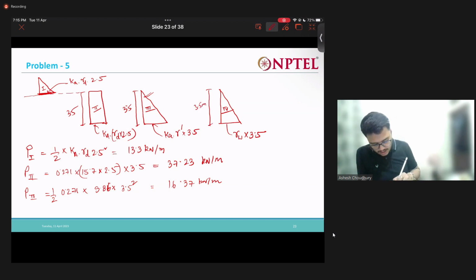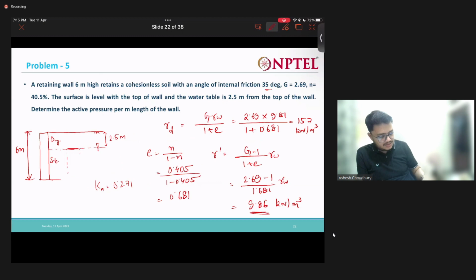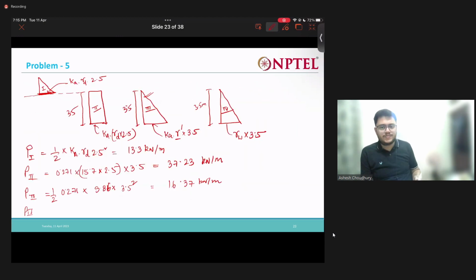And P4: half into 9.81 into 3.5 square, which is 60.09.